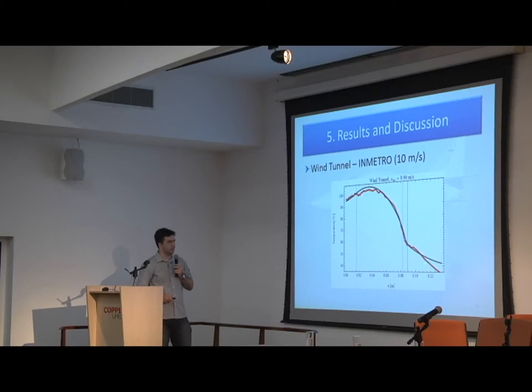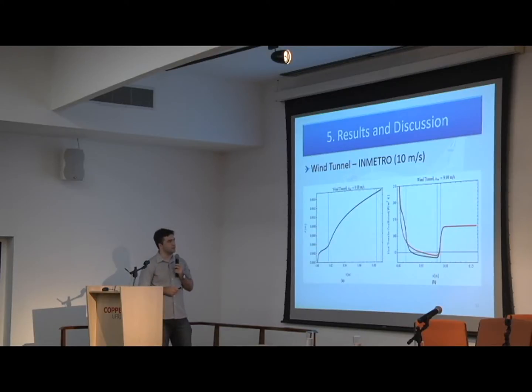You can see that the adherence is almost perfect here. Here in the support it is not that good, because probably we didn't take into account all the losses there. But the support, as I told you before, is not the main portion that we are looking at. So we found the results obtained with this model very satisfying.